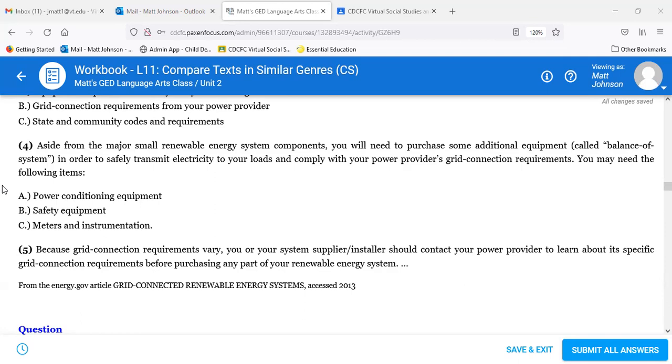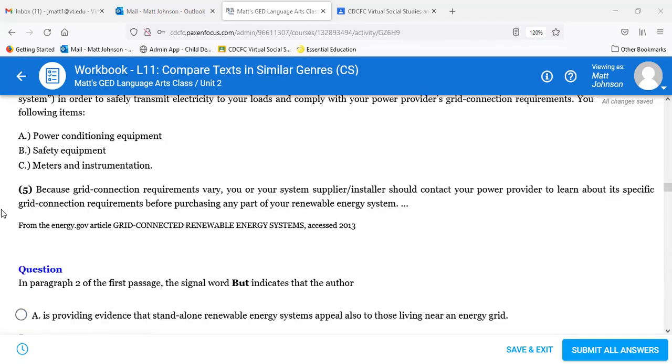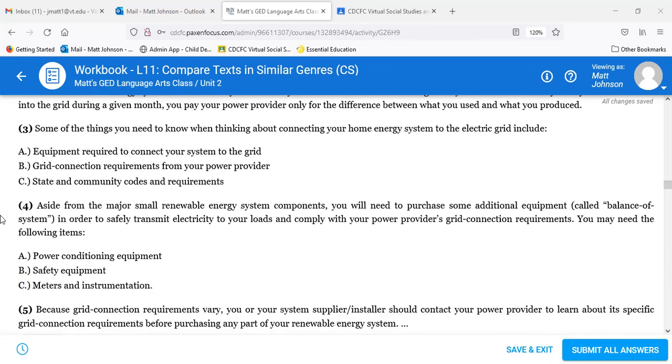All right. And that's from energy.gov. That's right, so that's .gov, a government site, the article Grid Connected Renewable Energy Systems from 2013.